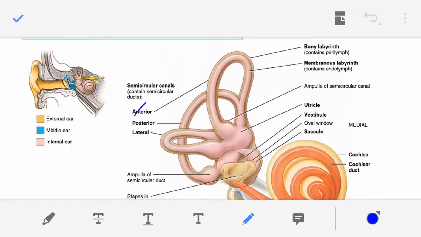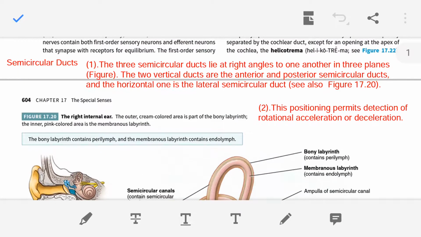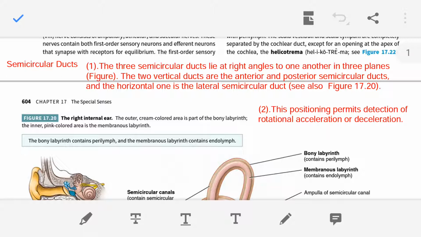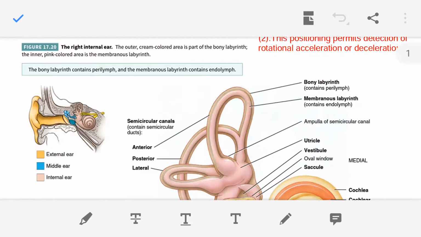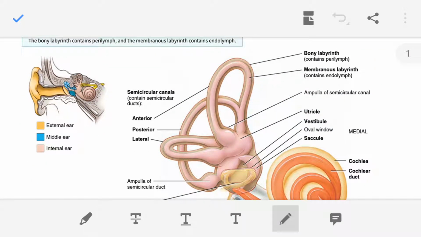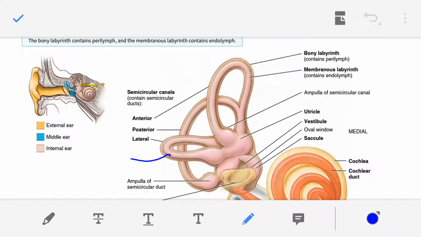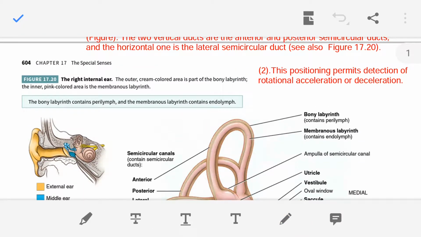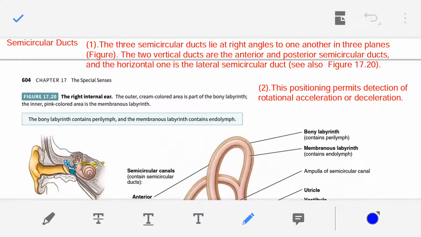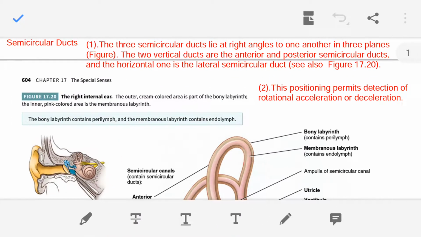For example, this one is the anterior semicircular duct, and this one is the posterior semicircular duct, and they are the vertical ducts. Whereas this one is the lateral semicircular duct, and the lateral semicircular duct is the horizontal one. So it is present horizontally.